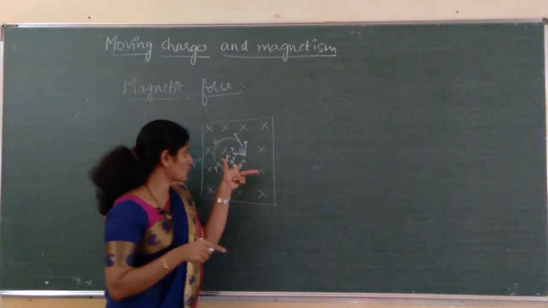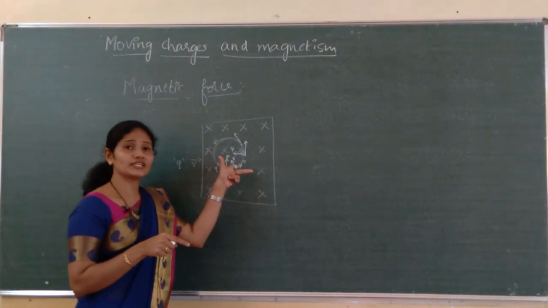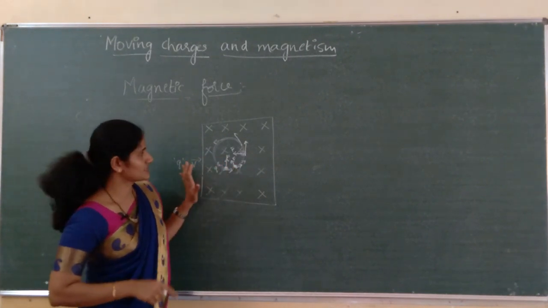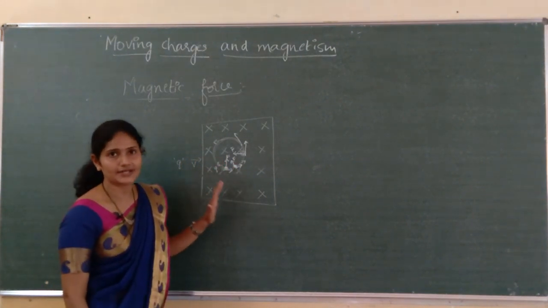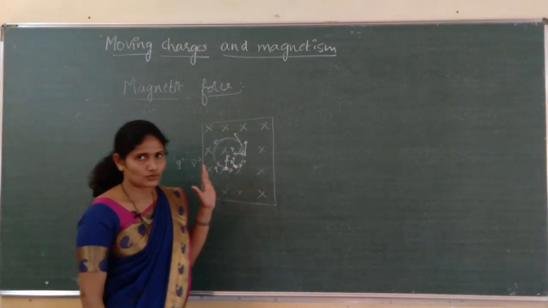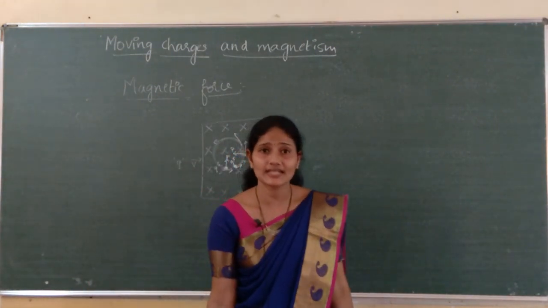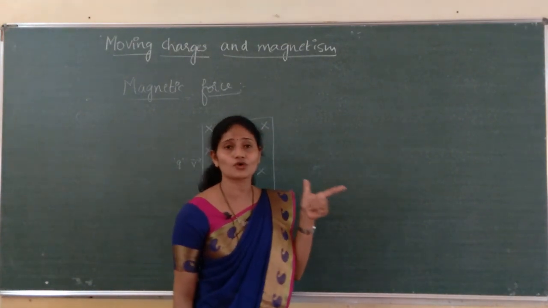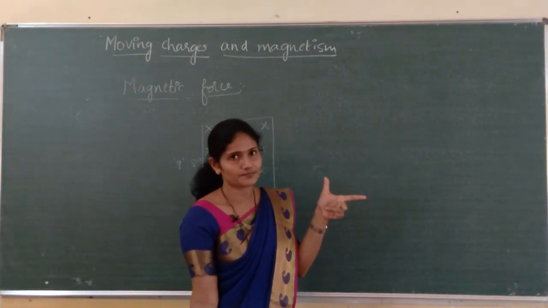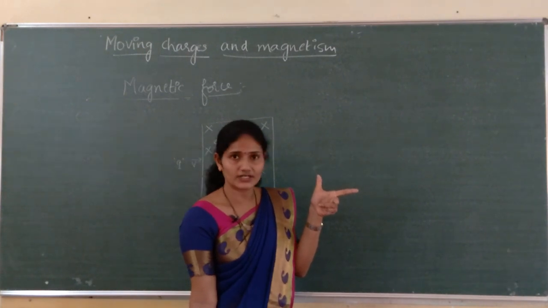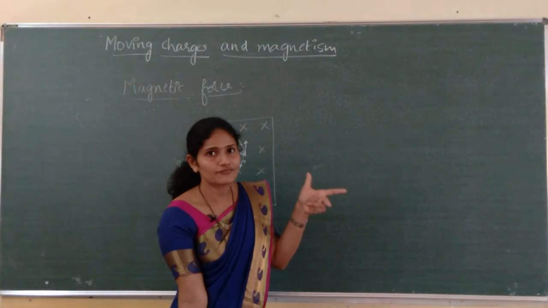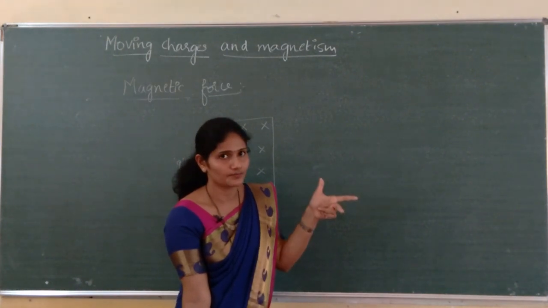This is when the magnetic field is going into the plane of the paper. So this is Fleming's left hand rule. To apply it, you have to stretch the first 3 fingers of your left hand like this, and all 3 fingers should be perpendicular to each other. So, this is the left hand rule.